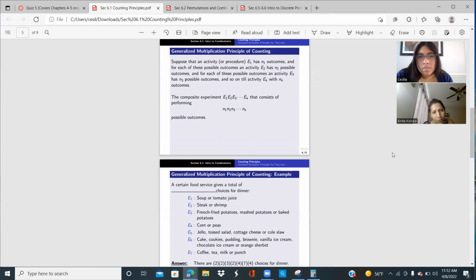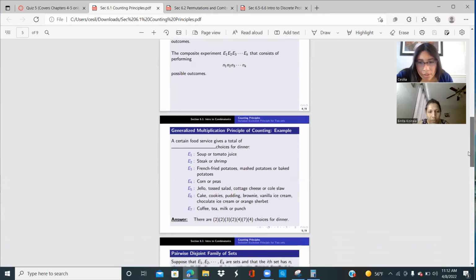The composite experiment E1, E2, E3 to Ek that consists of performing them has N1 times N2 times N3 to Nk possible outcomes. So basically it's just reiterating what we did in the other example.